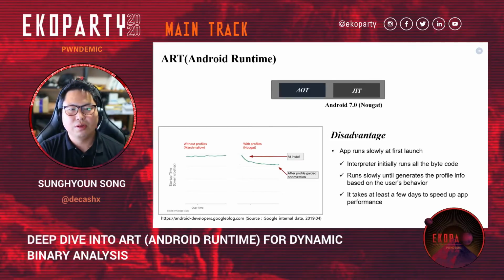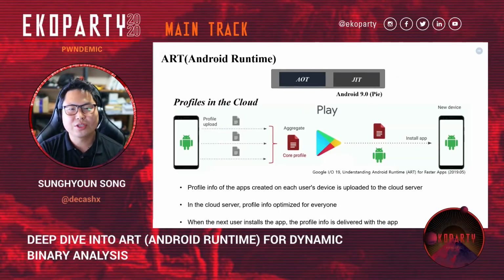To solve the problem of slow execution at first launch of an app, Google introduced the cloud-based profile technique in Android 9. As shown in the figure, the profile information of the app created on each user's device is uploaded to the cloud server.